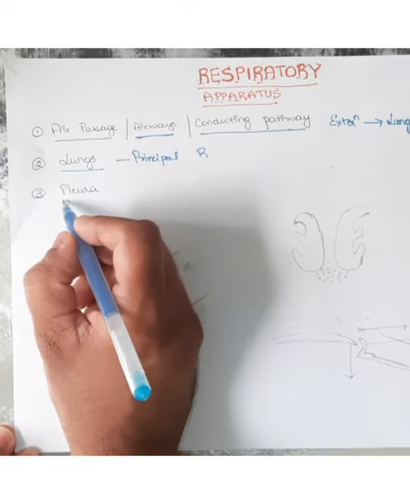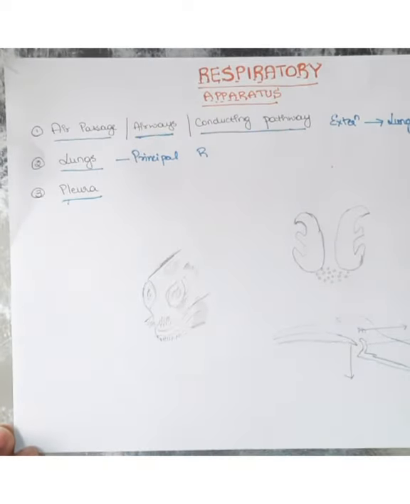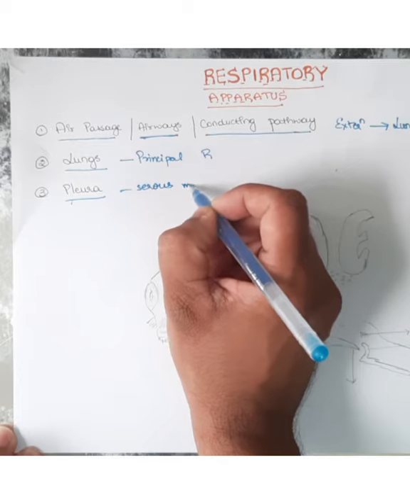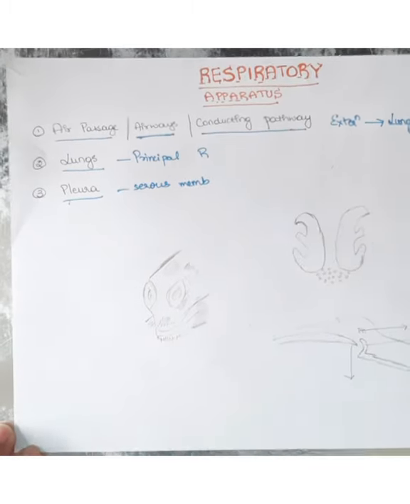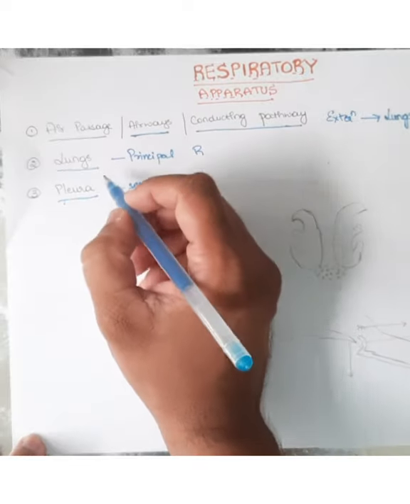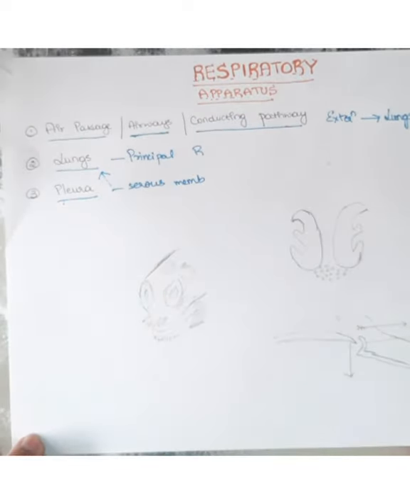The third important structure is the pleura. The pleura is the serous membrane which encompasses or covers the principal organ, that is the lungs.